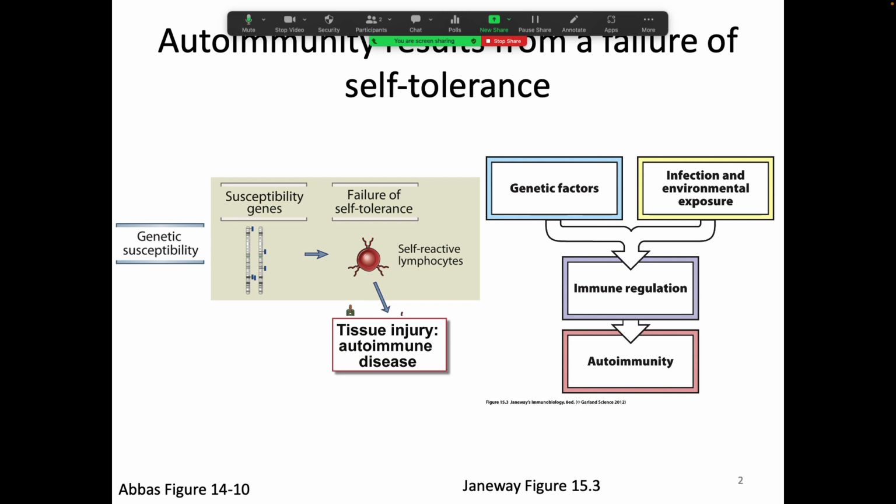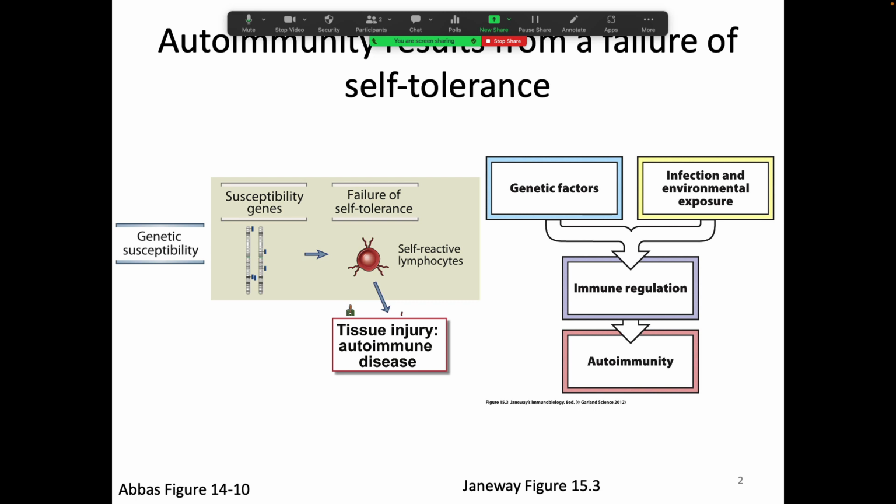What you can see is that we often see those failures either having something to do with a genetic factor or some kind of environmental factor, often a little bit of both. That will lead to that kind of failure of tolerance and autoimmunity.